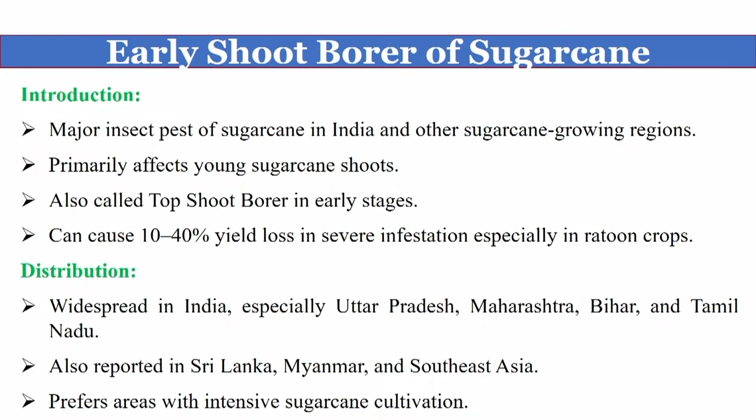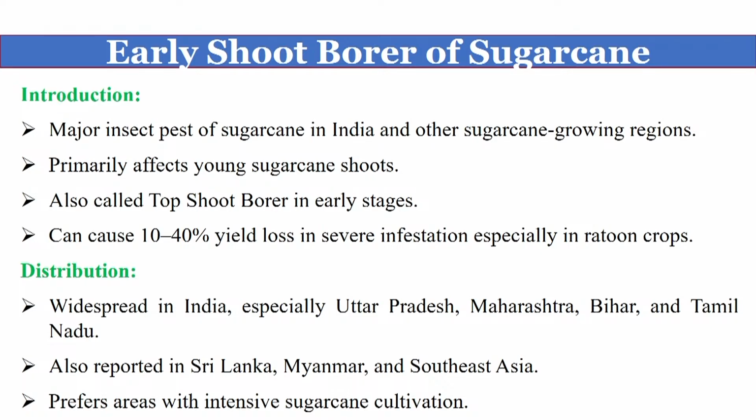This is the early shoot borer of sugarcane, an insect pest of sugarcane in India and other sugarcane growing regions. It primarily affects the young sugarcane shoots, it is also called the top shoot borer in the early stage, and it can cause 10 to 40% yield loss in severe infection.